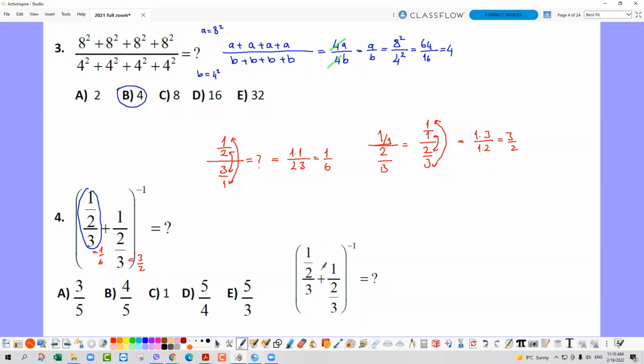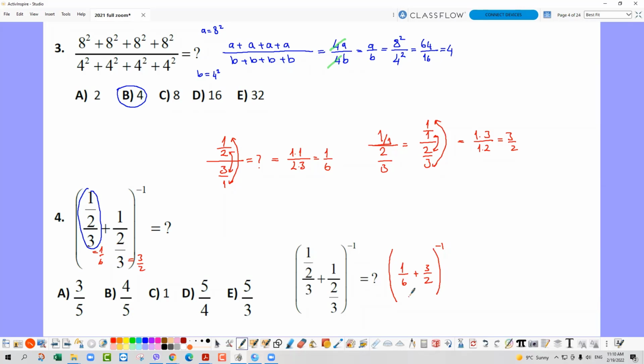So this question goes like this: 1 over 2 divided by 3 plus 1 over 2 over 3, is going to be equal to 1 over 2 divided by 3, which I found is equal to 1 over 6. And the other one, 1 divided by 2 over 3, is equal to 3 over 2, and to the power of minus 1.